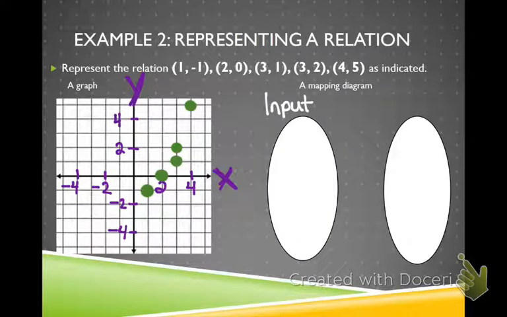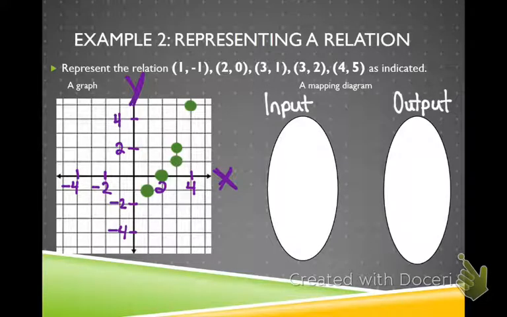The second long oval is your output. And we talked at the beginning of the lesson about the fact that the input and the output, that's the same thing as domain and range, right? That's the same thing as x and y. So we're going to pull all of our x values out of the relation. And again, we write them in numerical order, and we don't write the repeated inputs more than once.